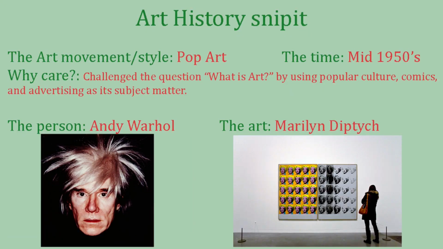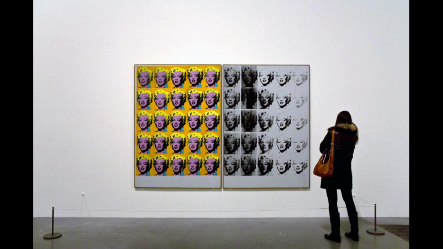So the person of importance for this lesson is Andy Warhol, basically the godfather of pop art. He is most famous for his series on Campbell soup cans, as well as his series on Marilyn Monroe. The art piece that you see in front of you is the Marilyn diptych. A diptych is basically just two images put side by side.